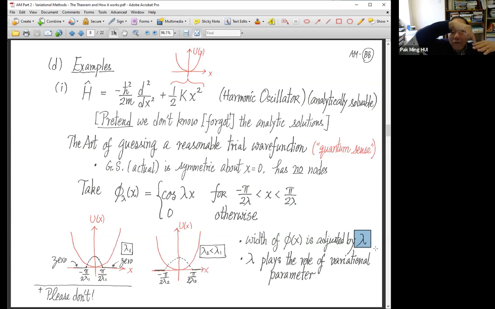I'm trying a form, cosine, but I can use one parameter lambda to vary the width of this cosine. It could be a very wide cosine. It can be a very narrow cosine. Okay, do you get my point?